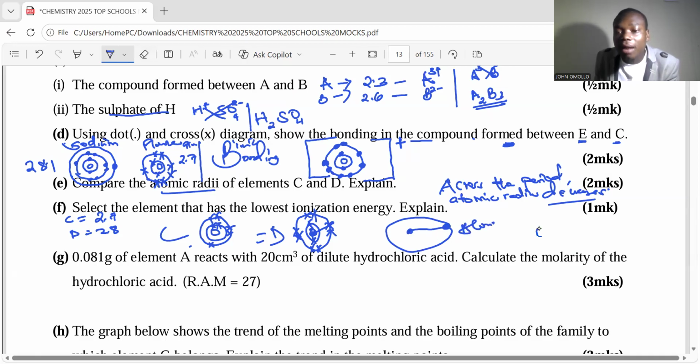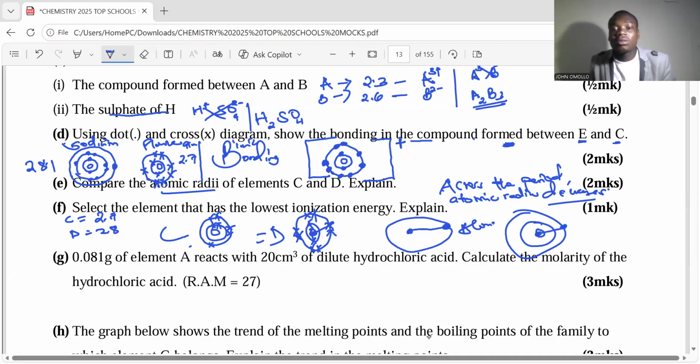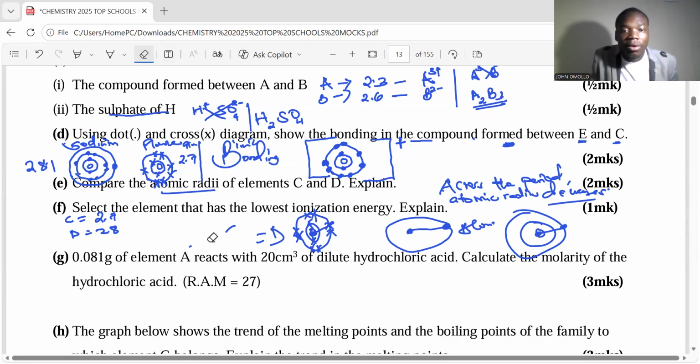Whenever we have an atom with a nucleus and energy levels, that distance from the nucleus to the outermost energy level is what we are referring to as atomic radius. So in that case, let's dive back to the question. We have seen that both C and D have the same energy levels.